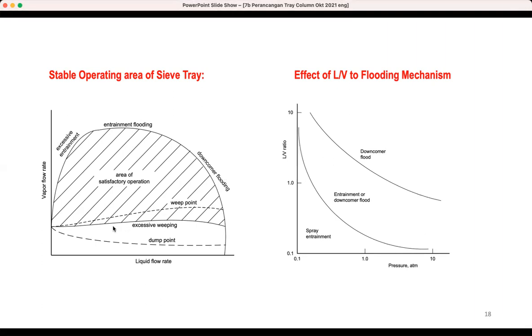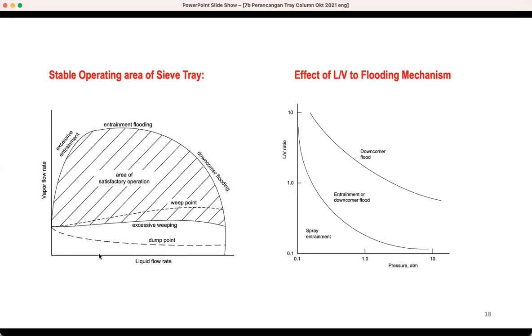And this is not good. So we cannot have the operation below the weep point. Or, at an even lower rate, is called the dump point, where practically all the liquid will just drip and flow through the holes.